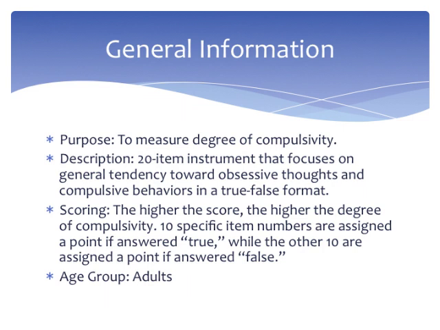If you're a clinician reviewing this, you'll see that there are 10 specific items that are assigned a point if they're answered true by the individual, and another 10 that would be assigned a point if answered false. These are put in a random order to help with validity. So, for example, the first 10 aren't going to be false that get a point, and the second 10 true, and so forth. The age group that this test was designed to work with is adults.